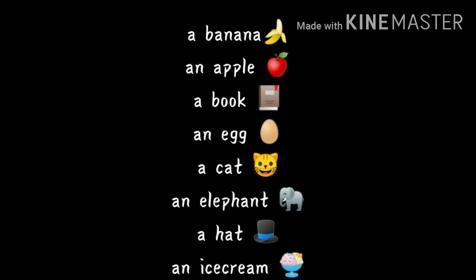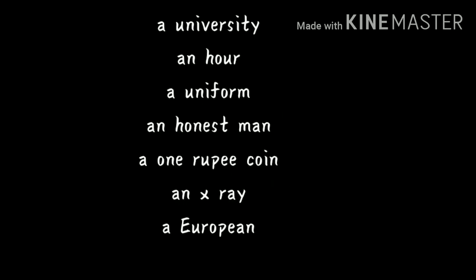Now let us see some more examples. A banana, an apple, a book, an egg, a cat, an elephant, a hat, an ice cream, a university, an hour, a uniform, an honest man, a 1 rupee coin, an X-ray, a European.